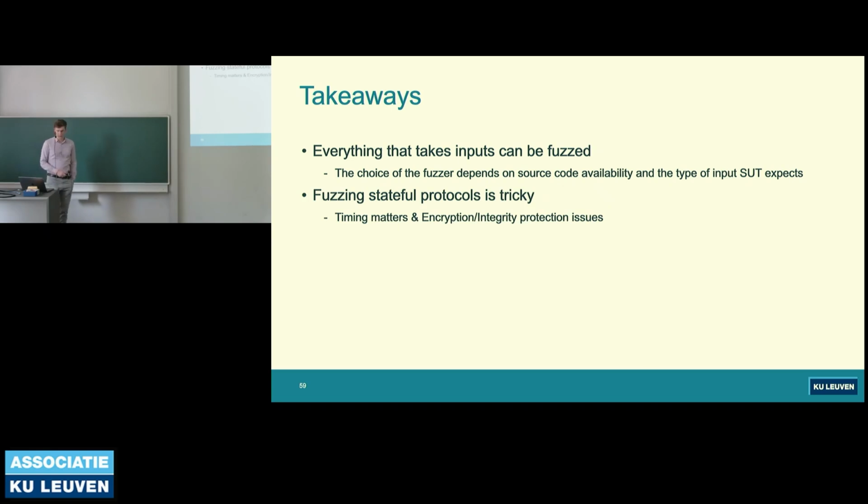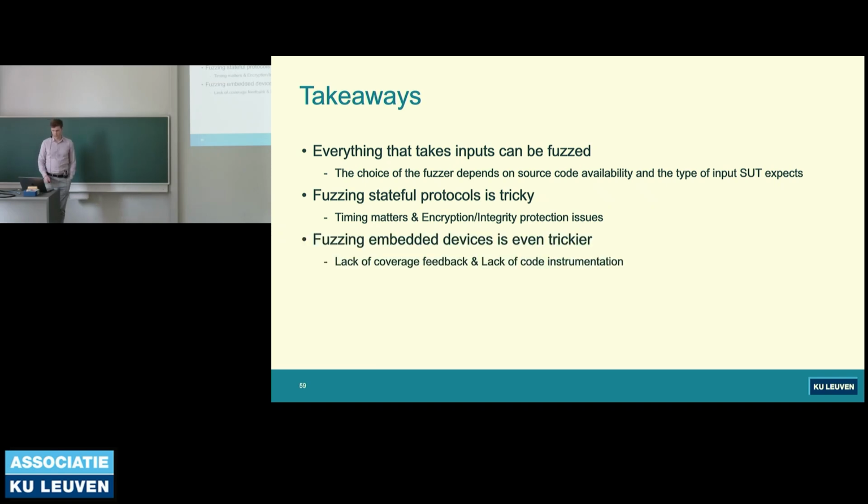Fuzzing stateful protocols is tricky because the timing of the sent packet matters. Also, you have to solve the issue of encryption and integrity protection. Fuzzing an embedded device is even trickier because there you not only have these problems, but also a lack of coverage feedback and lack of code instrumentation. It's hard to figure out when the crash happened.